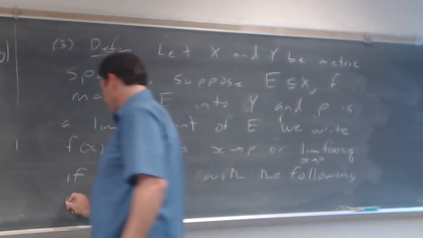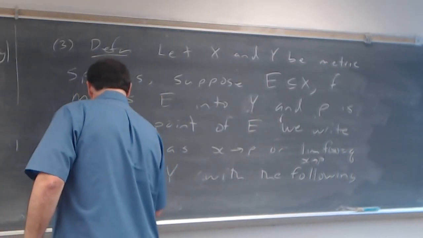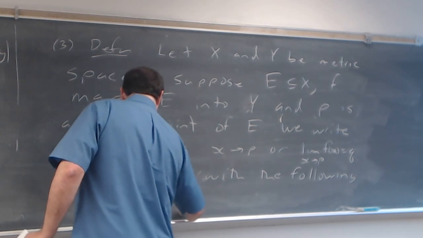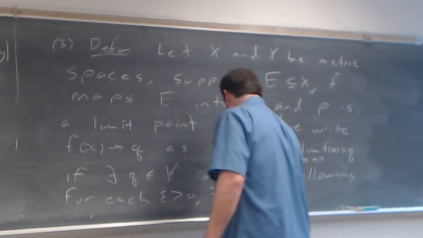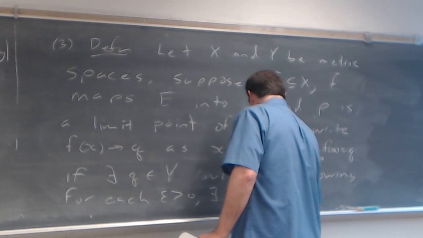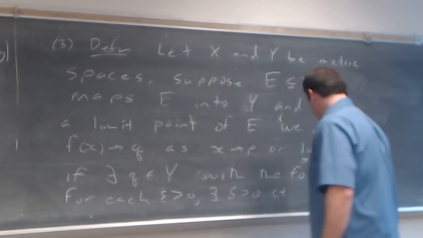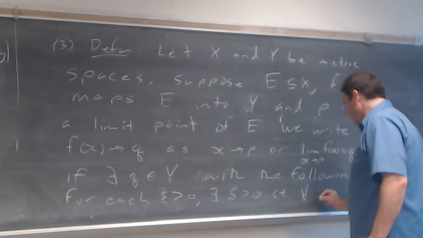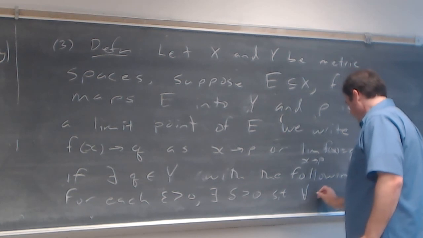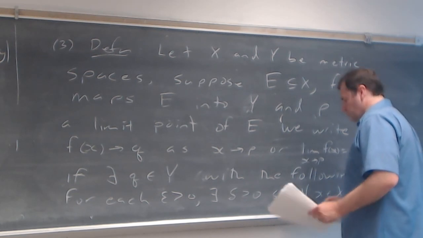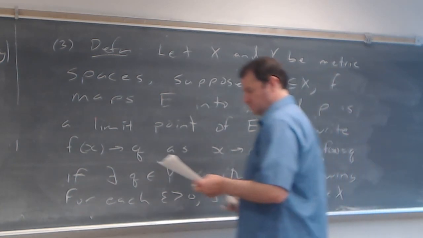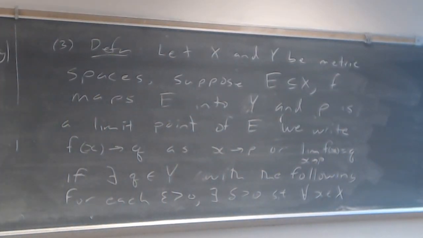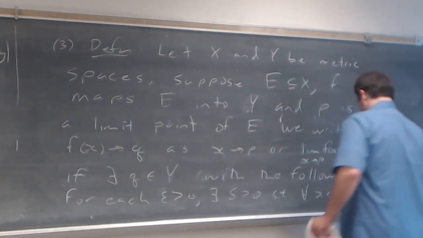That is, for each epsilon greater than 0, there exists a delta bigger than 0, such that for all x in E. Excuse me.